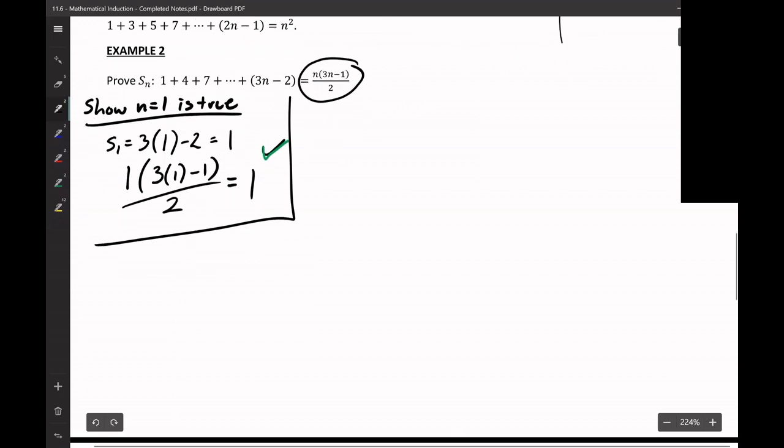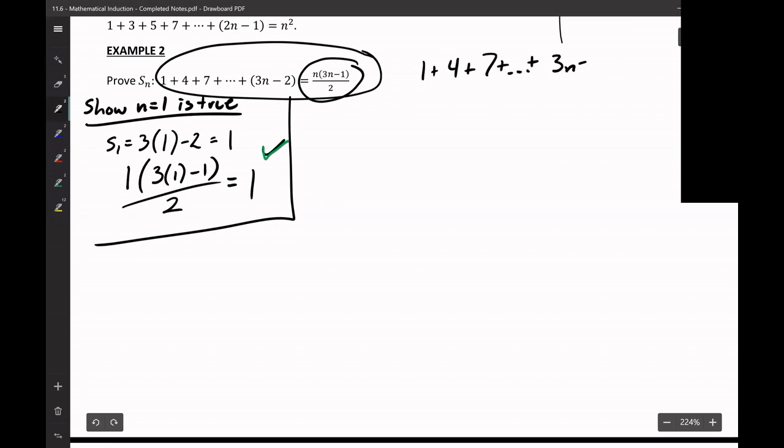All right, after you got the first part, you want to write down what you're assuming is true. Well, we're going to assume that this expression right here is true. So we're going to assume that 1 plus 4 plus 7 plus dot dot dot plus 3n minus 2 is in fact equal to n times 3n minus 1 over 2.